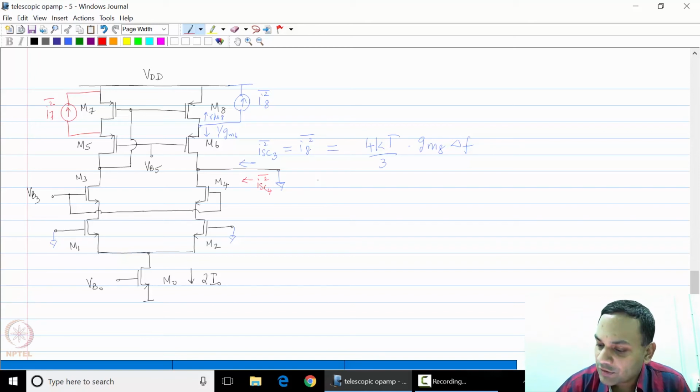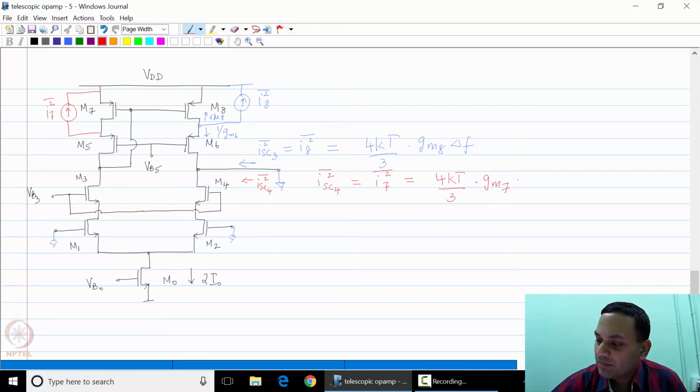I'll call that ISC4 squared. This is I7 squared. This is 4kT by 3 into GM7 delta F.